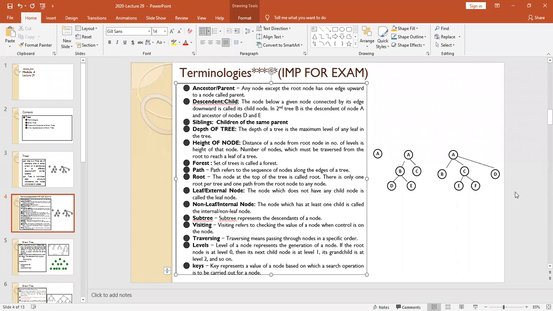In tomorrow's class, we shall see binary tree types and array representation. In the next class we will discuss binary trees, their types and array representation.